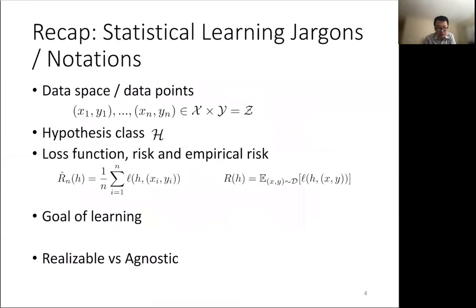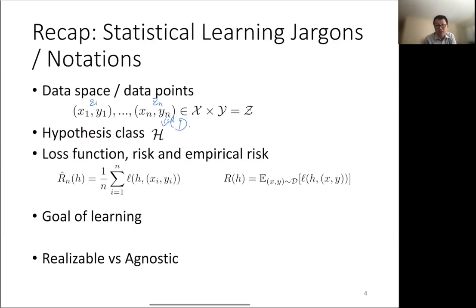Here is a summary of the jargon that we used. In machine learning, we typically assume that the data are, say, feature-label pairs, coming IID, independently and identically distributed, from some unknown distribution. For concise notation, we call these data points Z1 to Zn, and this distribution is a joint distribution of feature-label pairs.